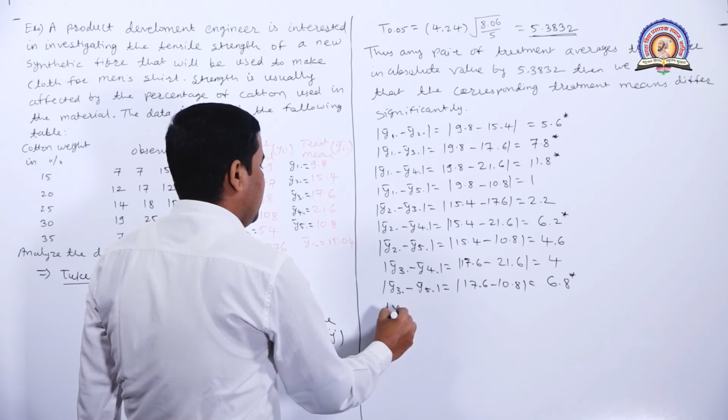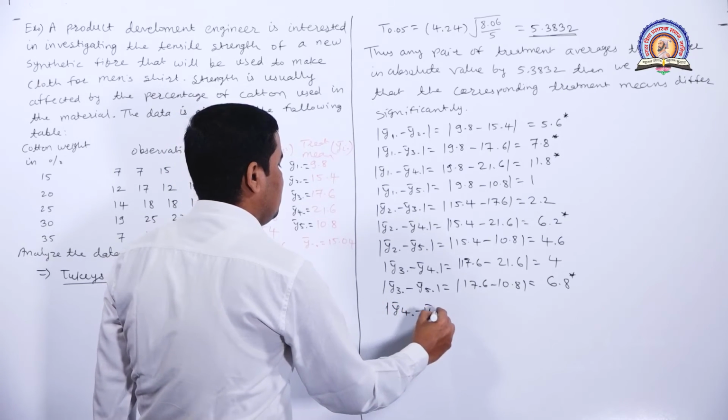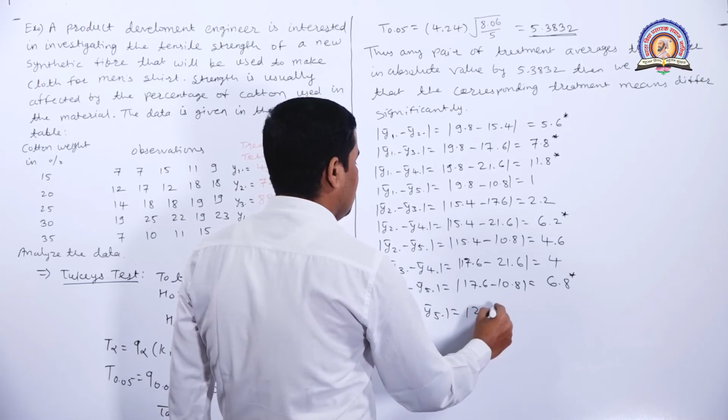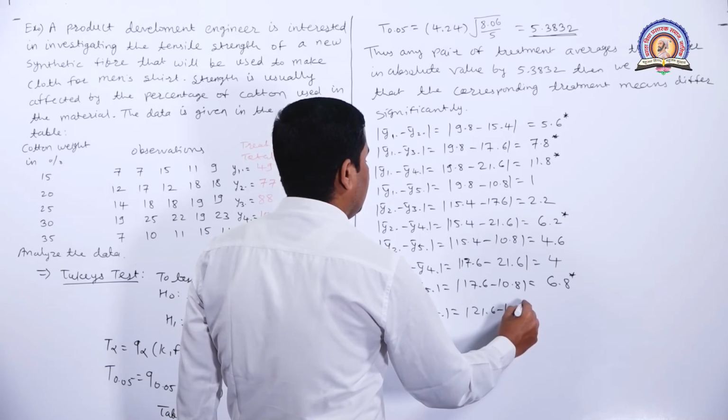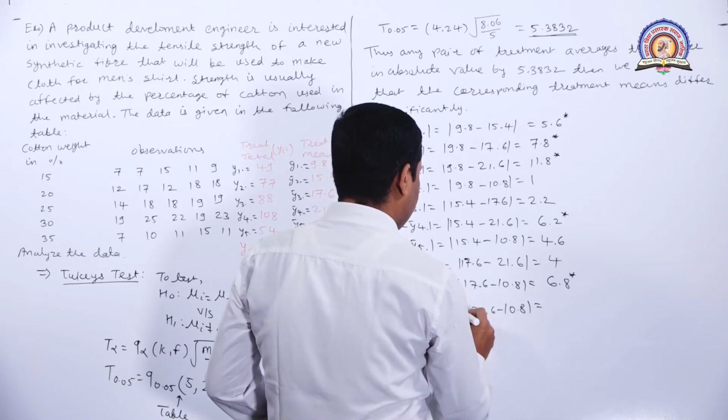Now take 4 versus 5. Last pair, which is 4 versus 5, and this will be 21.6 minus 10.8. This absolute difference will be 10.8.